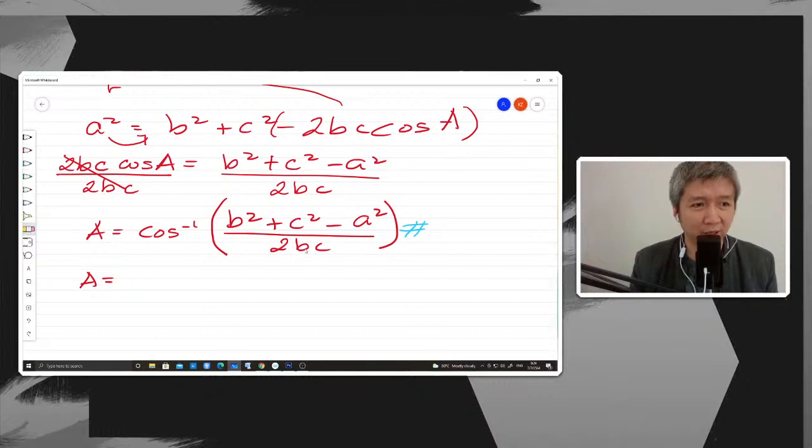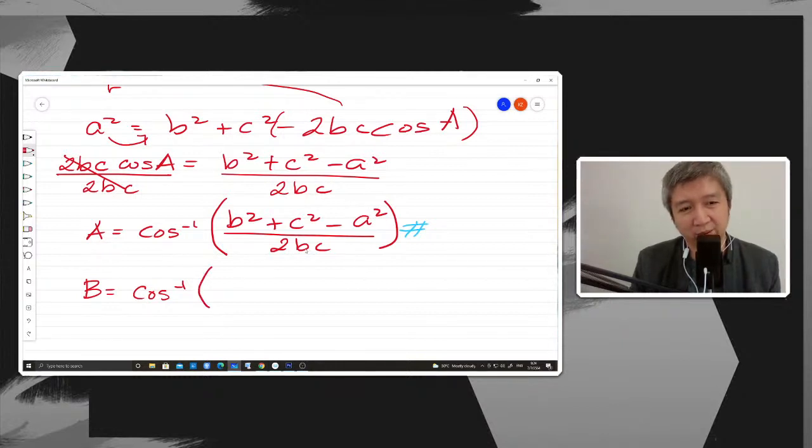Let us write all the formulas. So A is equal to shift cosine of b squared plus c squared minus a squared all over 2bc. Angle B is shift cosine of a squared plus c squared minus b squared all over 2ac.